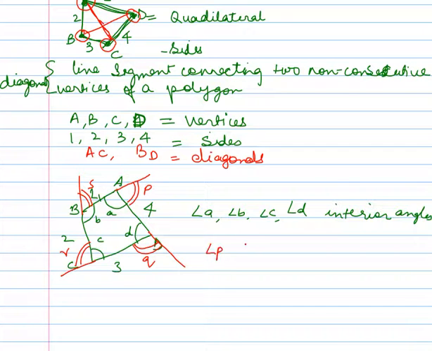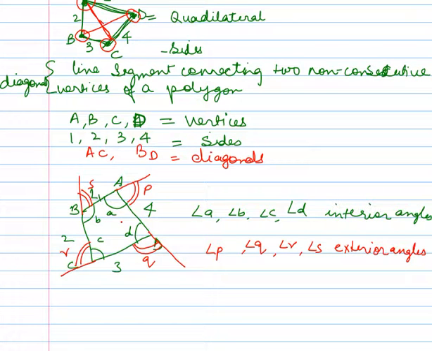Angle P, angle Q, angle R, and angle S. These are the exterior angles of a polygon or quadrilateral. Why exterior angles? Because they are outside the quadrilateral.